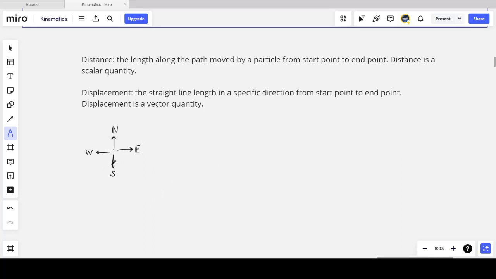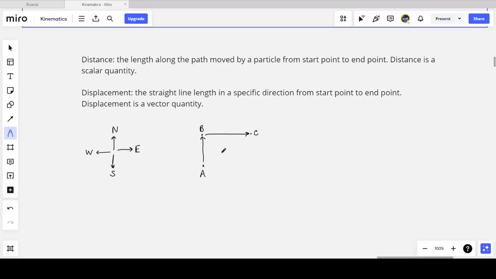And so if I consider these as my directions, and I need direction for describing vectors, then let's assume that one day you decide to take a walk and you start at point A and you walk north to point B, and then from point B you walked eastwards to point C.